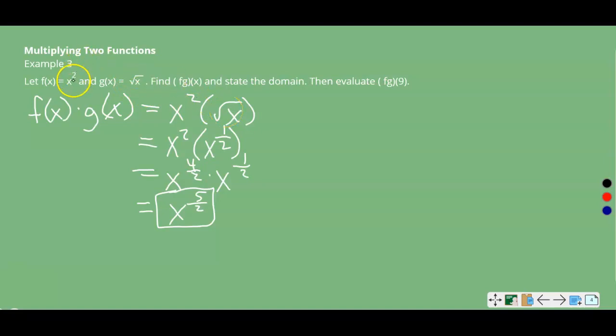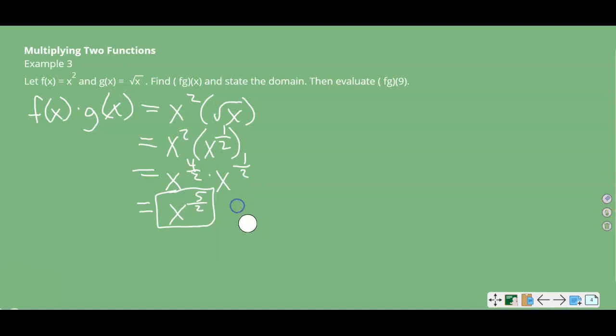And if you graph each one of those, you know that x squared is above the x-axis here, and the square root starts at 0, but it is only in quadrant 1 when you graph that. So what does that mean for the domain of x to the 5/2 power? So the domain would remain the same. It would be all non-negative real numbers.